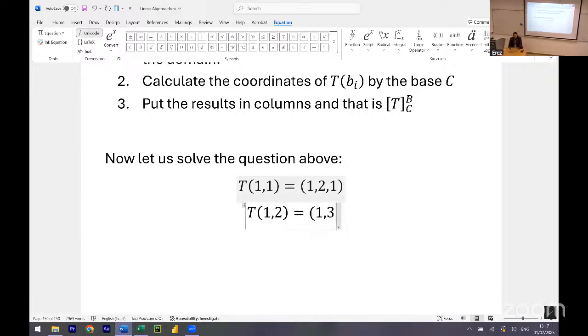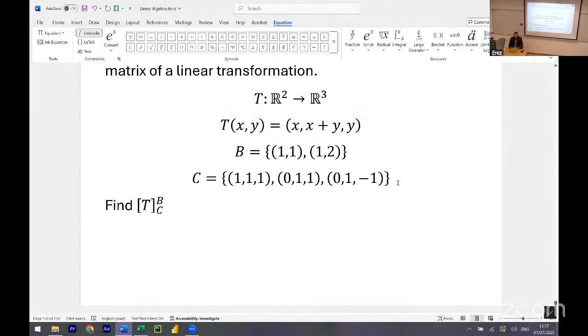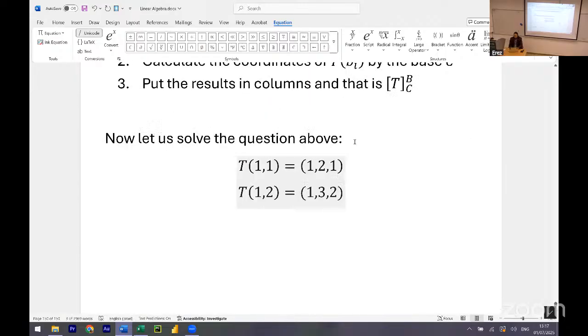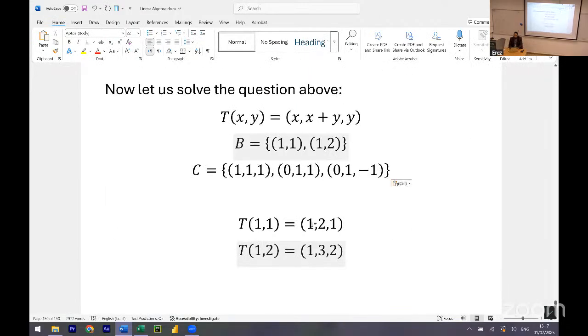I'll copy all the data here, it would be easier. So I wish to find the scalars that when I multiply the elements of C, I will get (1, 2, 1). Can you guess it? We'll learn how to do it without guesswork, but can you guess what scalars we should multiply these by in order to get (1, 2, 1)?